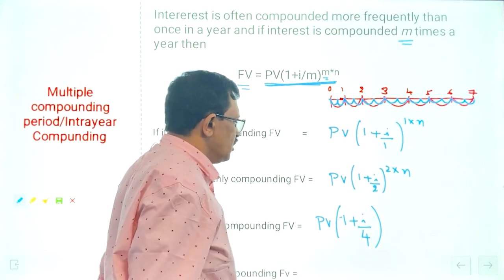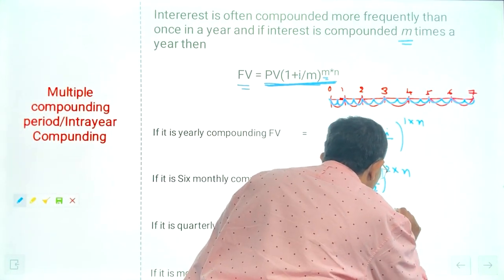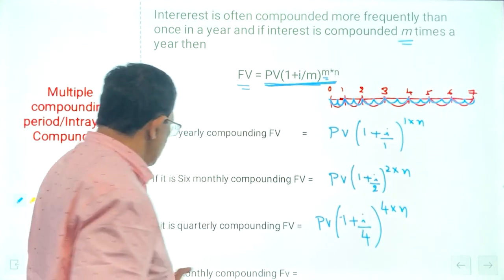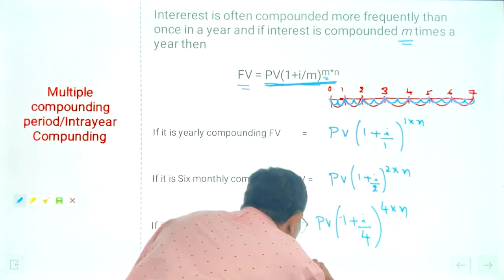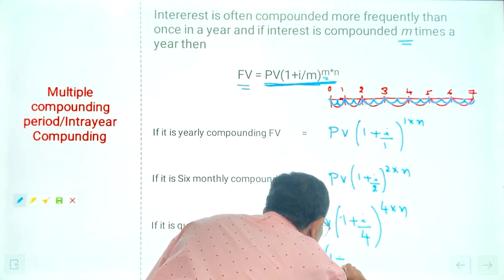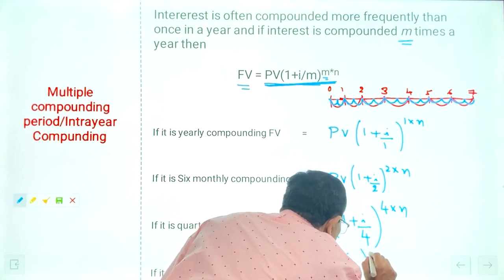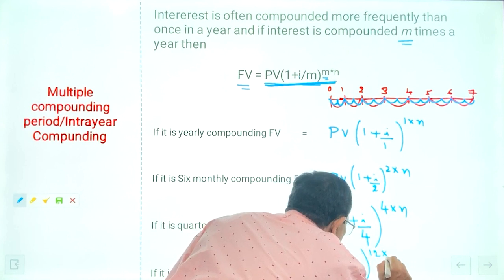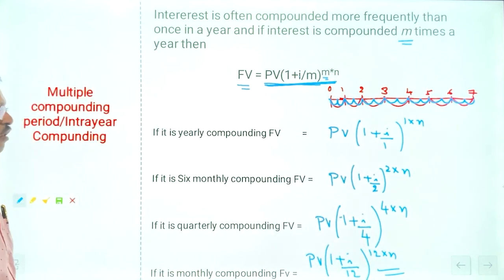So m here is going to be 4, then it is going to be to the power of 4 into n. When it is going to be compounded on monthly basis, then the formula would be present value into (1 + i/12) to the power of 12 into n. So this is how you are going to solve a problem concerning the future value.